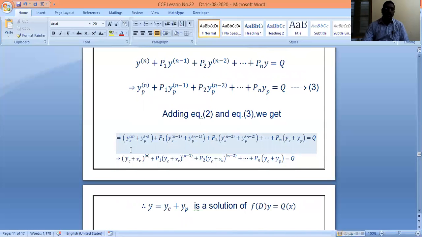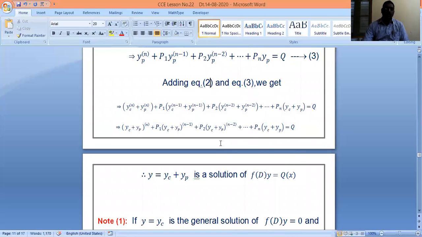Now this equation can be written as (yc plus yp) whole to the power of n plus p1 into (yc plus yp) whole to the power of n minus 1 plus p2 into (yc plus yp) whole to the power of n minus 2, and so on, pn into (yc plus yp) is equal to q.